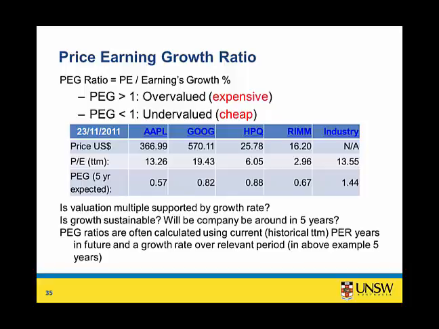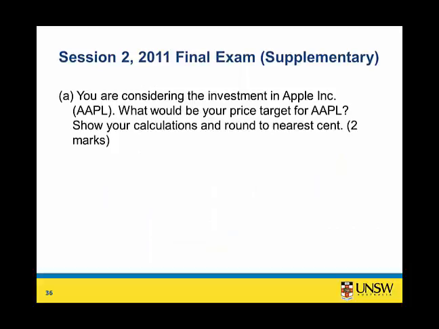Is that growth sustainable? Will the company still be around in 5 years, for example? And the PEG ratio can help us to calculate the price earnings rate in future years and a growth rate. So you can use the PEG in terms of price target calculations as well.